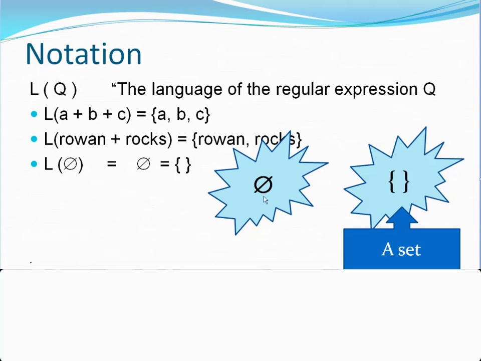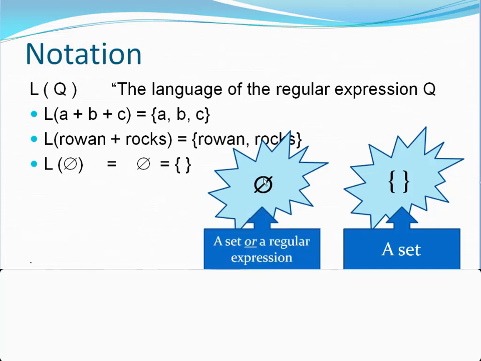On the other hand, if you see this thing that you would normally call the empty set, but you're in my class, you're working with languages, so it might be a set or it might be a regular expression. We don't know. Is this the regular expression that represents this set here, or is it this set itself? So we've been doing this all the time, using the same symbols to mean different things. Just doing it again, I'm sorry.